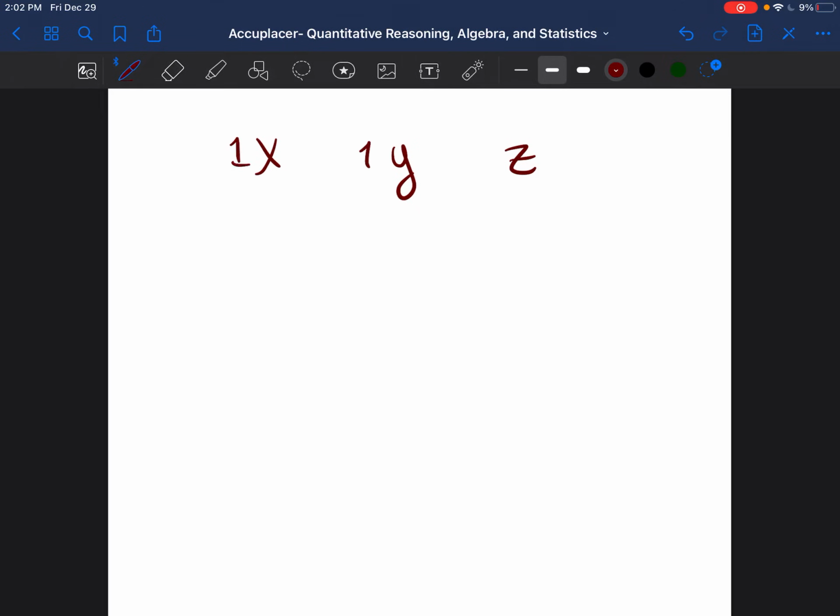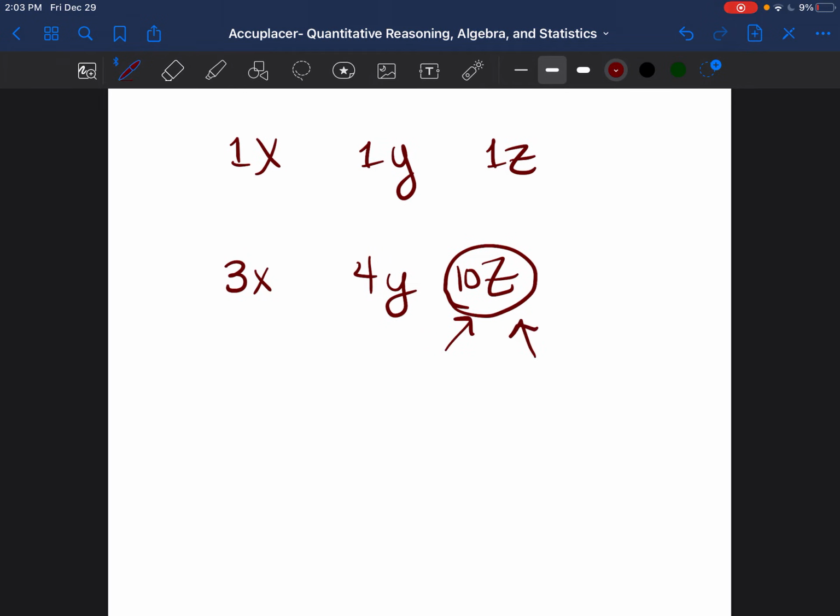They're always with an invisible 1, yes, but they're usually by themselves, x, y, and z. The variables are just the letters. But when you have something like 3x, 4y, and 10z, this becomes a term. The reason it's a term now is because there's a coefficient and there's a variable.